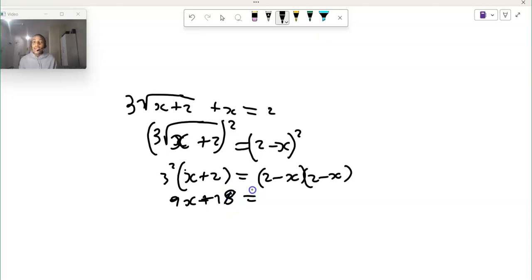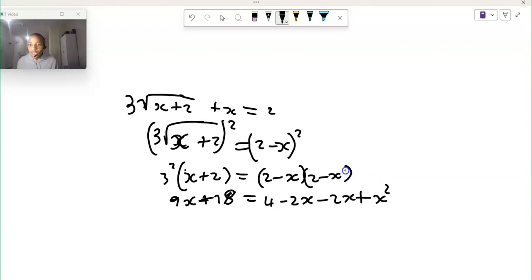Is equal to, then we need to break the bracket on this side again. So it's 2 times 2. 2 times 2 is going to give you 4, and then 2 times negative x is going to be negative 2x, and then negative x times 2 is going to give you minus 2x again, and then negative times negative is going to give you positive, and x times x is x squared, since you do know that if you multiply something with the same base, you just keep only one base and then add the exponents.